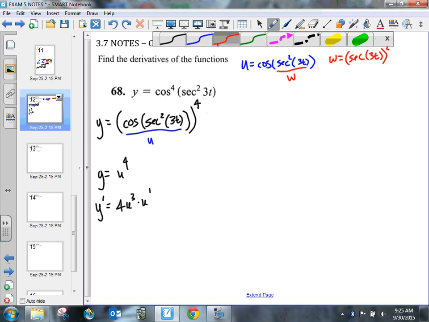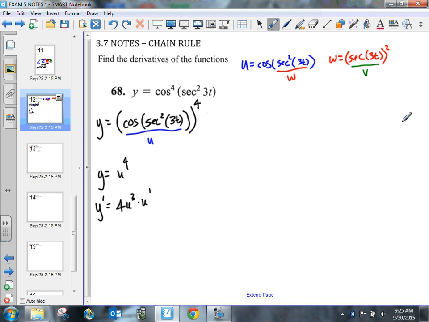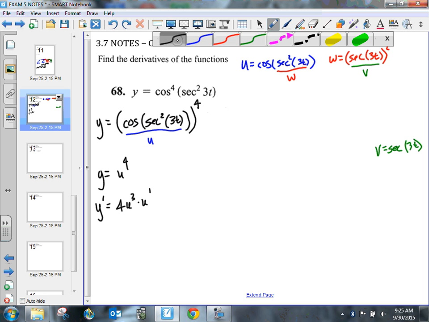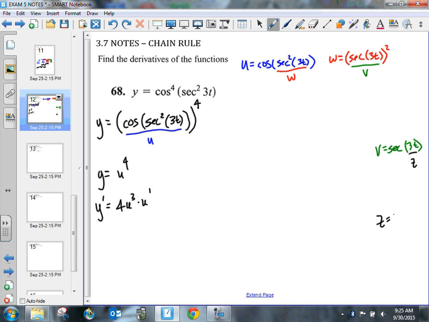Then I have another inside function. I'm going to call this V. V is equal to secant of 3t. And I have another inside function, so I have to do this all again. I'll call this Z. Then Z is equal to 3t.